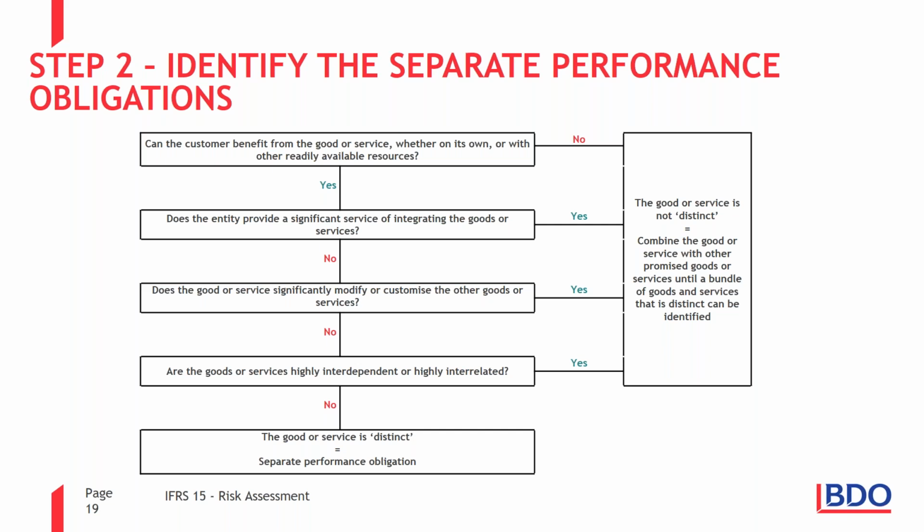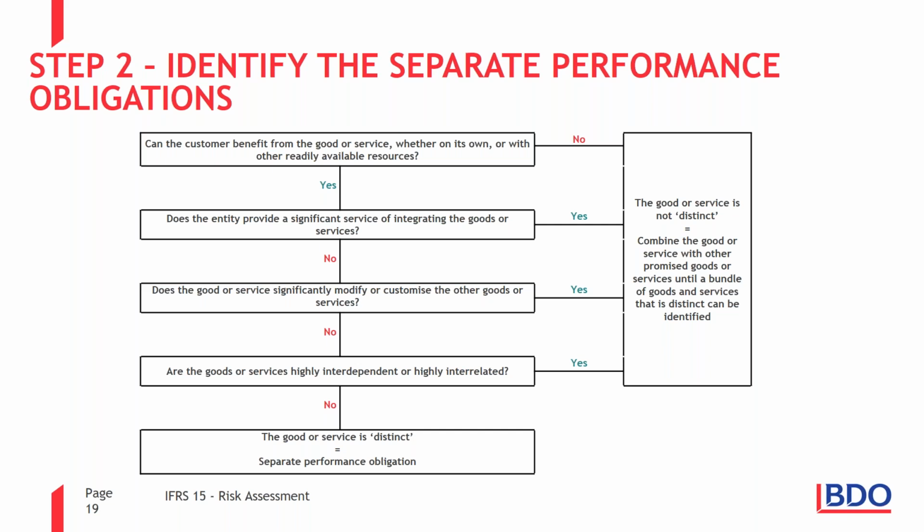Now, this decision tree, again, you'll remember from the previous webinar, where we try to give you some guidance to determine what is the nature of your performance obligations, whether it's one or various. And the first question we've set here is, can the customer benefit from the good or the service, whether on its own or with other readily available resources? If they can't, then definitely this good or service is not distinct and it has to be bundled with others.